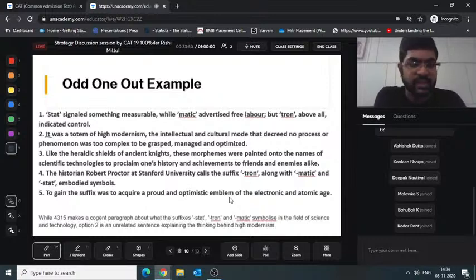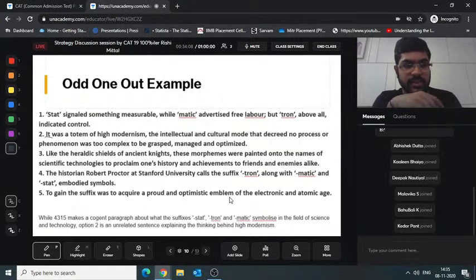Whereas when I see the second sentence, I don't see anything related to symbols or suffixes or the words stat, matic, tron, any of that. The one person I can see in all of this is in sentence 4, Robert Proctor. So I would keep that as the opening sentence, because that is where the complete suffixes tron, matic, and stat are mentioned to start with. So I'll keep that as the opening sentence of my para-jumble. Now I need to identify what can come next.